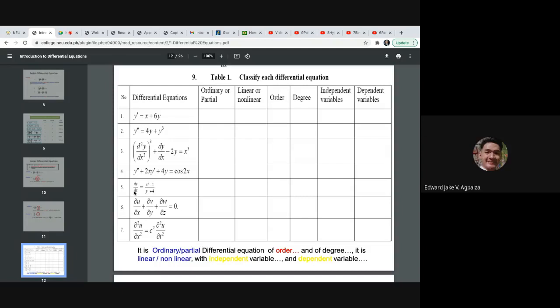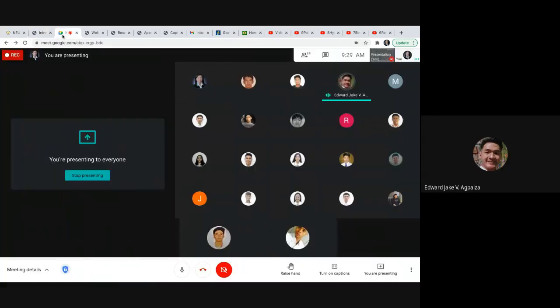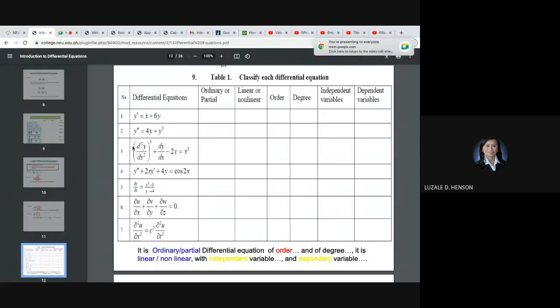Number 5. Ma'am, if the dependent variable, the y, is there, is it non-linear, ma'am? Yeah. No, if the dependent variable, in this case y, is a function inside this trigonometric expression, then it becomes non-linear. In this case, this is independent. This is x.